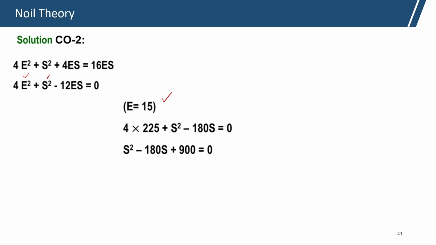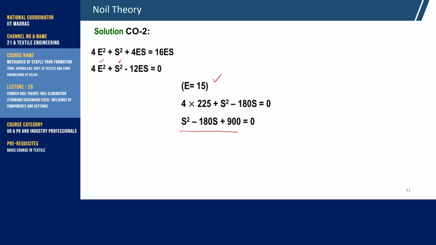So, we get the relationship S square minus 180 S plus 900.